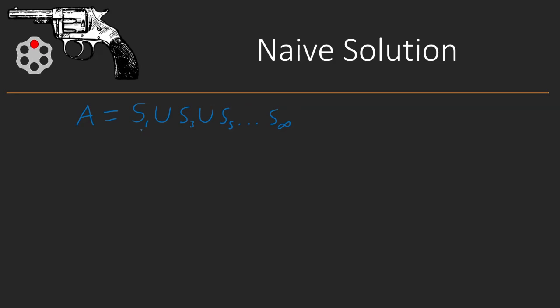And from Kolmogorov's third axiom, we know that if you have a union of a bunch of events that are all mutually exclusive, then the probability of that union is equal to the sum of the probabilities of the individual events. So let me type this out. The probability that duelist A dies is equal to the probability of shot 1 leading to a kill plus the probability of shot 3 leading to a kill, and so on.